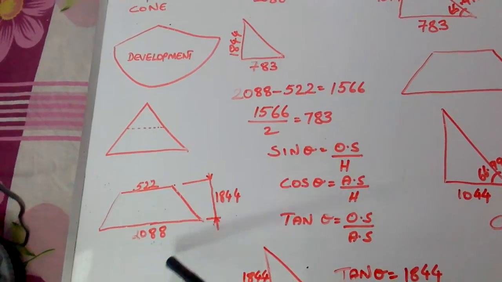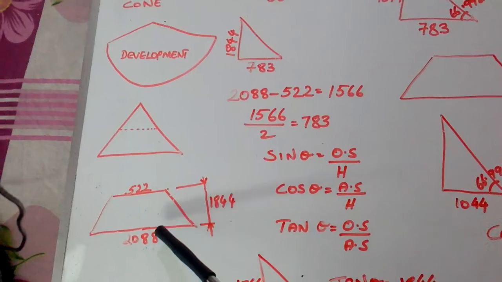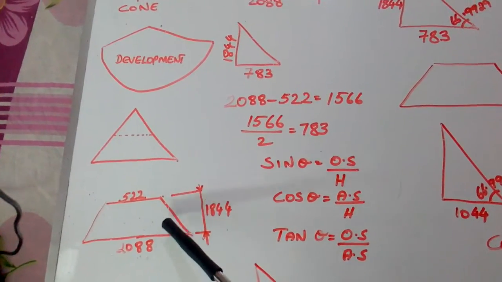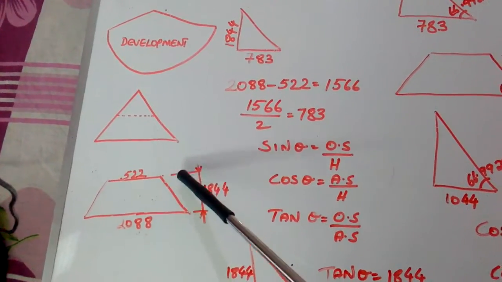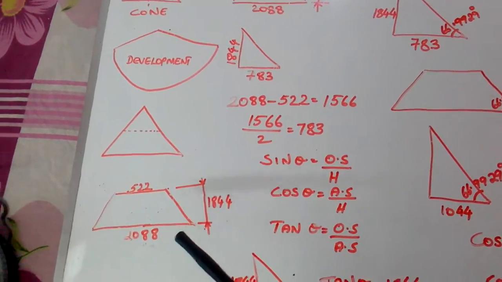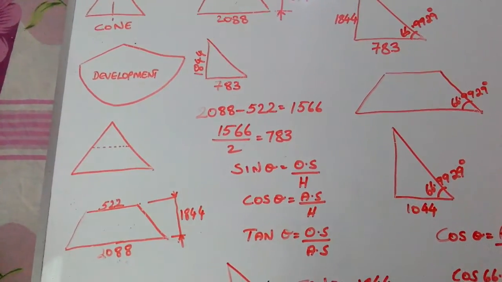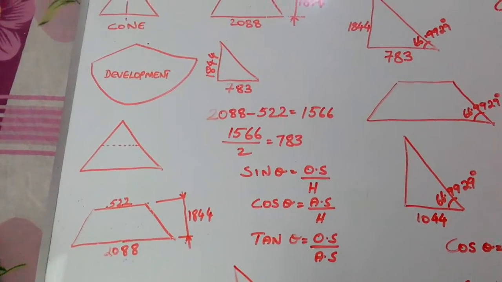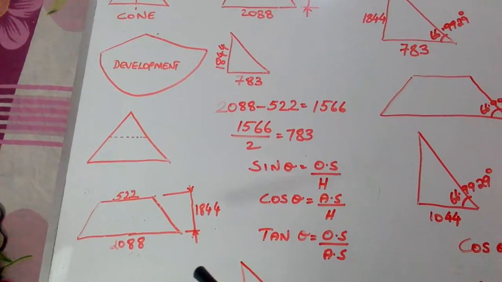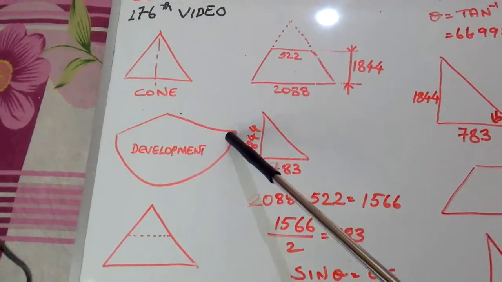Okay. We have to make one cone's development. After making this development, after bending and rolling, it will have this kind of shape. How will it be made? I have taught you in different classes. First of all, we have to make a round. It is a portion of a round.